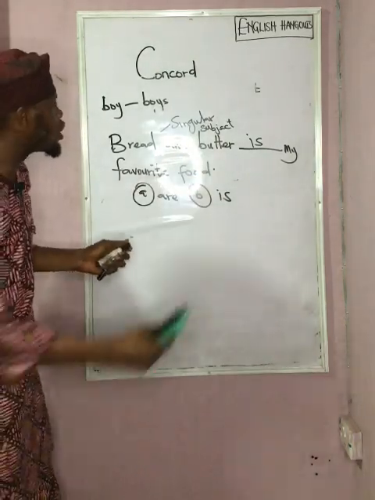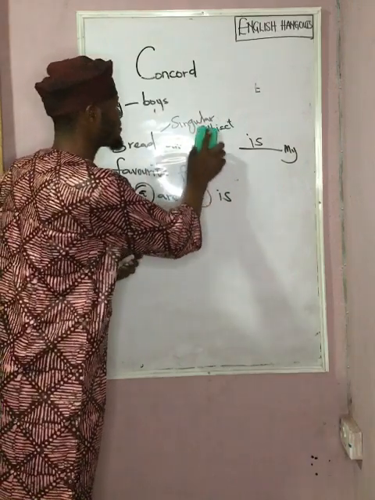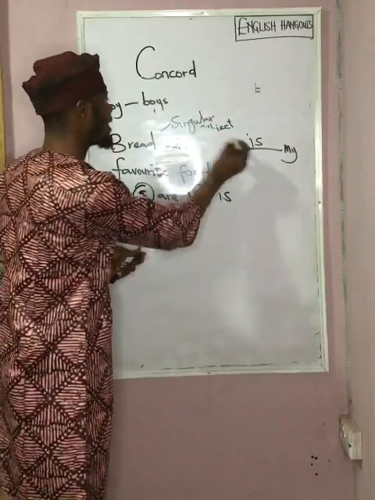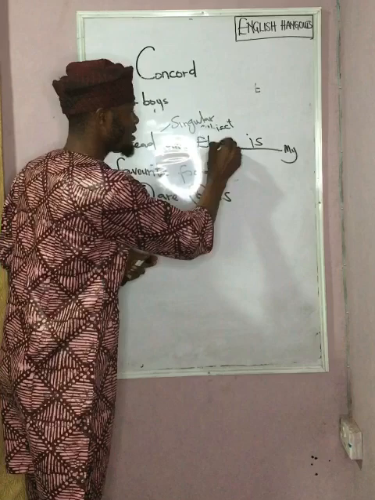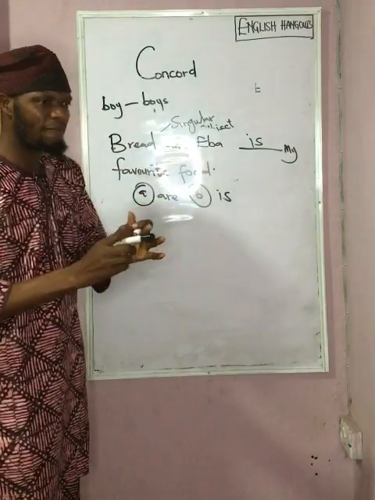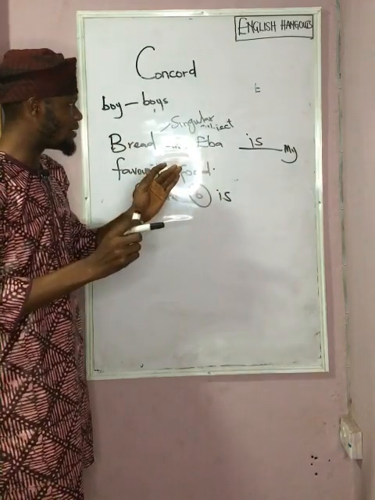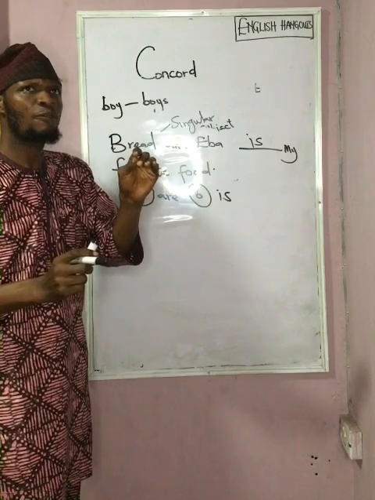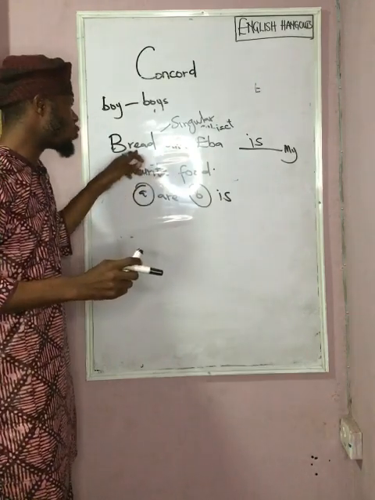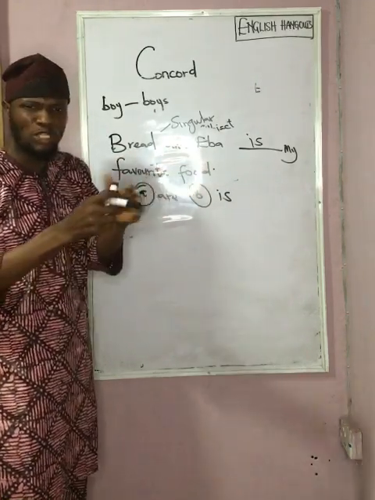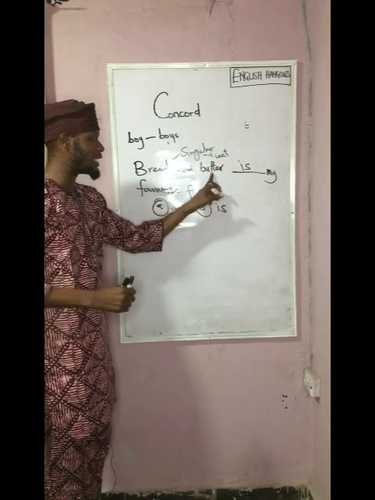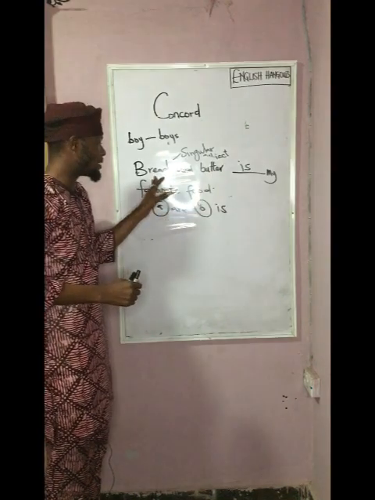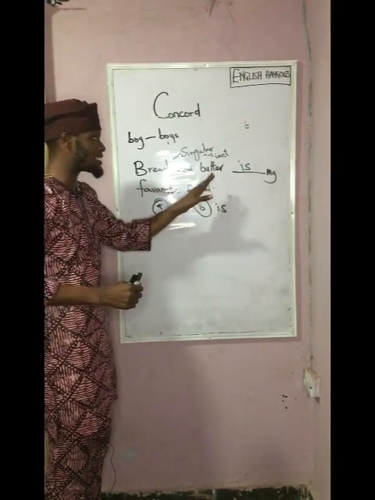But in a situation where we have bread and eba, it is very difficult for a sane human being to eat bread and eba at the same time. Bread here is a noun, butter here is a noun. Bread is a separate noun, butter a separate noun.